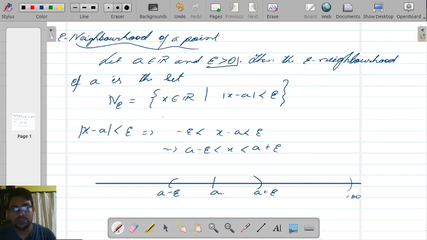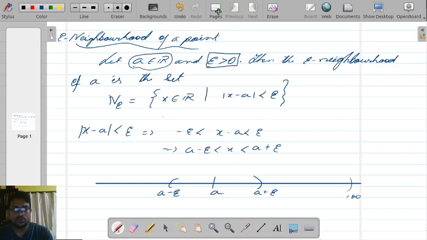Epsilon is any positive real number here. So epsilon neighborhood is the set of all points in R which are at a distance less than epsilon from a fixed number a, the number about which we are finding the neighborhood. That is called epsilon neighborhood of a point.